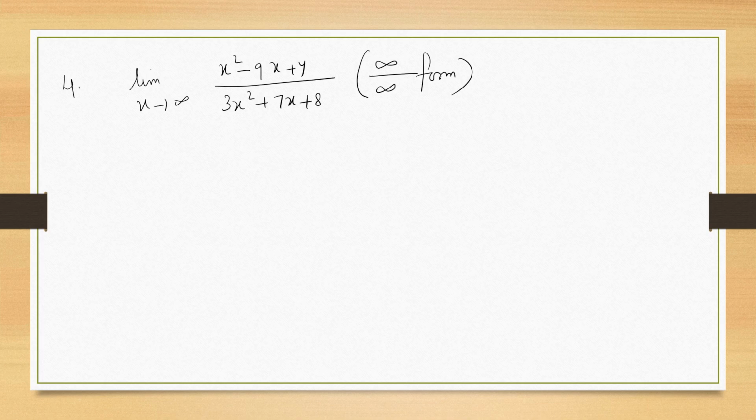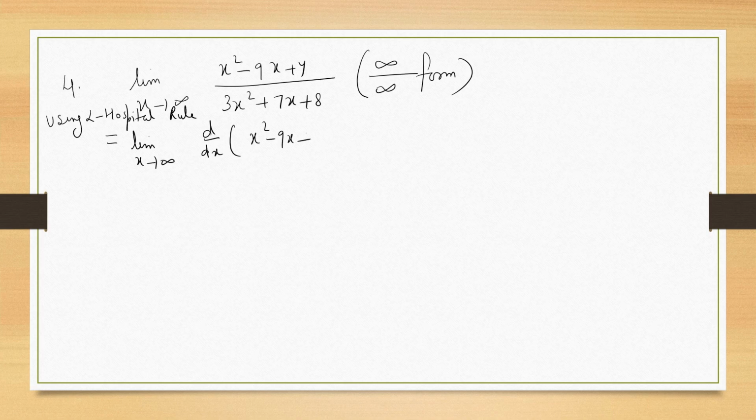So again, by using L'Hospital's rule, I will take the derivative of my numerator, x² − 9x + 4, and the denominator, 3x² + 7x + 8.